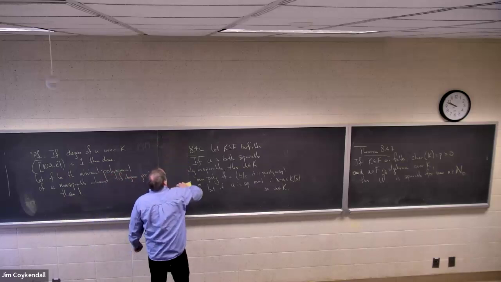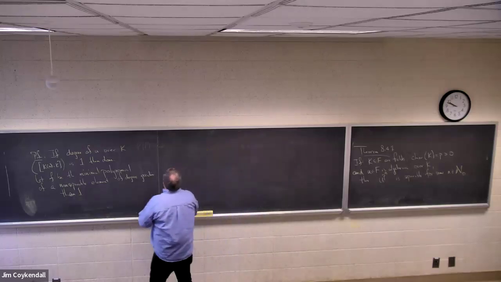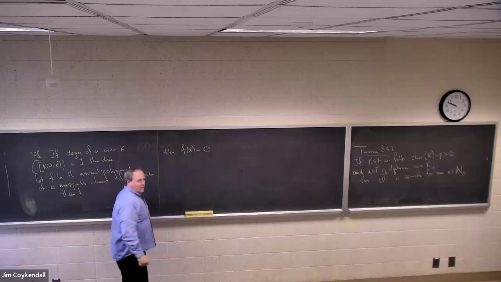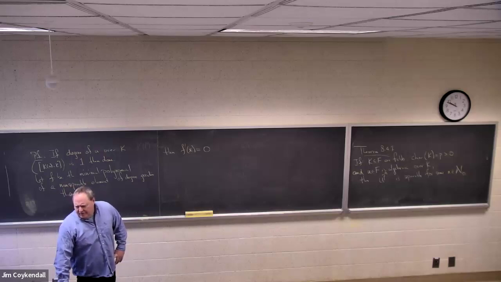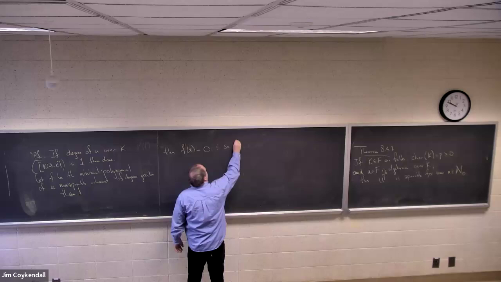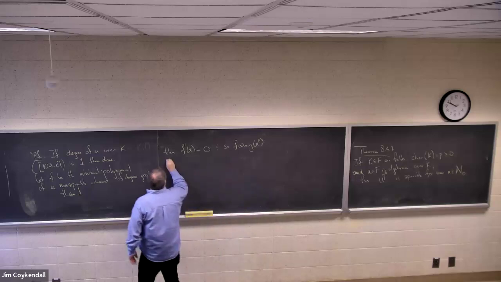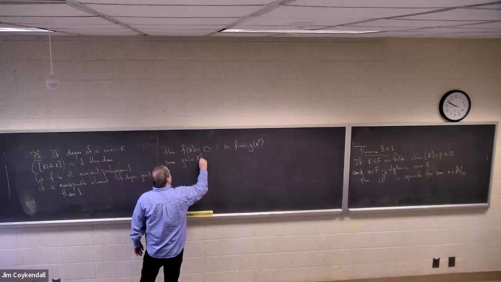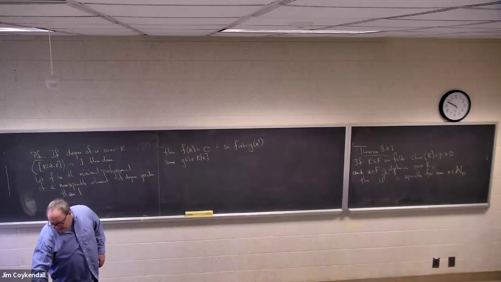Then, what do we know? We've already established in an earlier theorem that the derivative of the polynomial must be zero. And so f is a polynomial in x to the p.